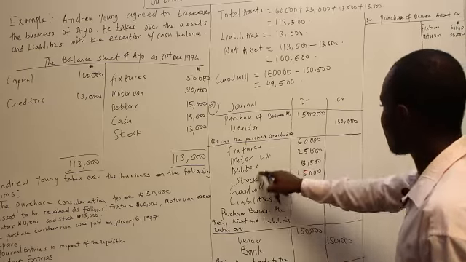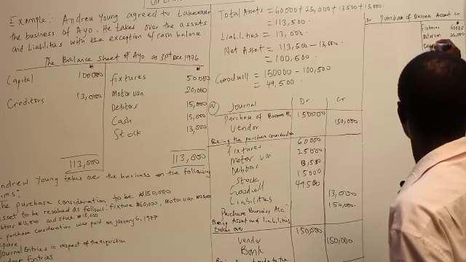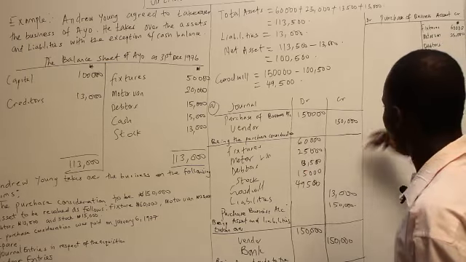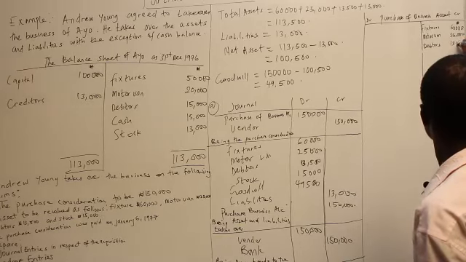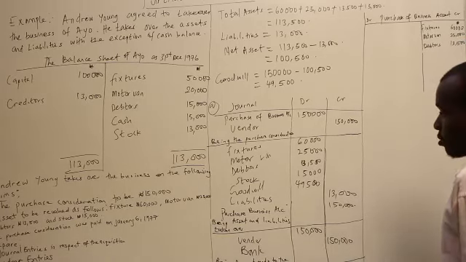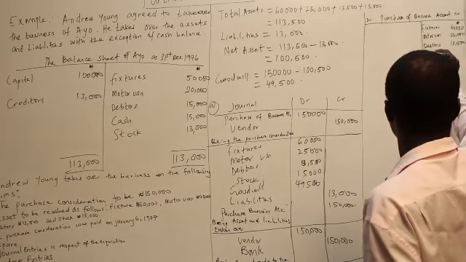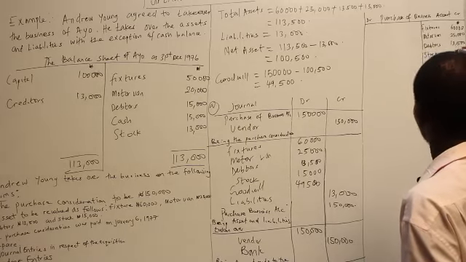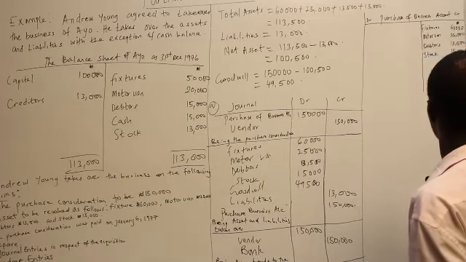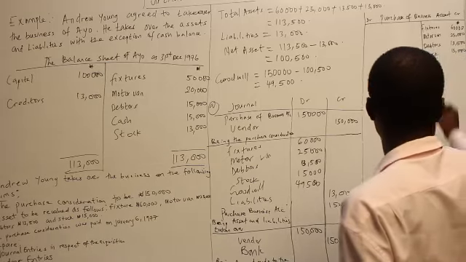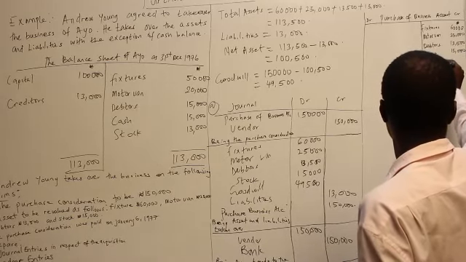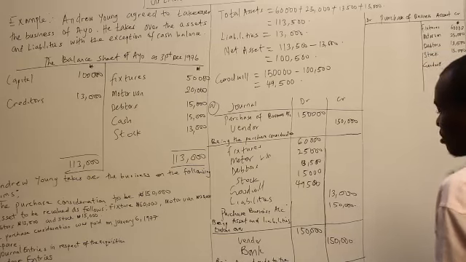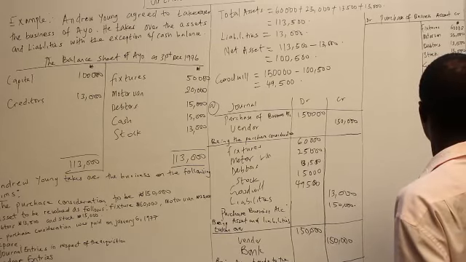So we have debtors taken over, 13,500. We have stock, 15,000 naira. Next, we have goodwill paid for by the purchaser, which is 49,500.